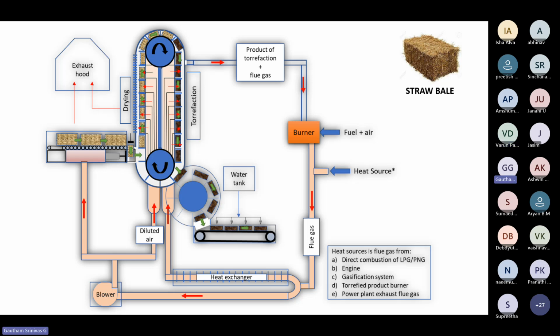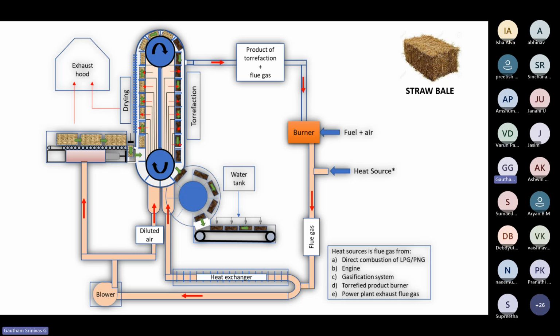And even in the flue gas, there's no air. There's no oxygen that is going in. The heat is removed because it shouldn't go further into pyrolysis. The temperature shouldn't increase much because then it would undergo pyrolysis. Exactly.